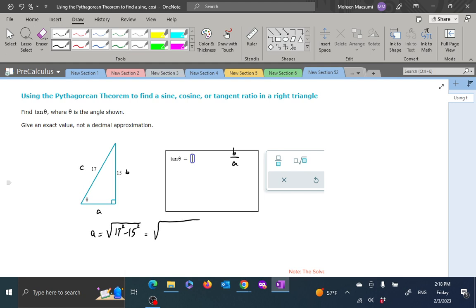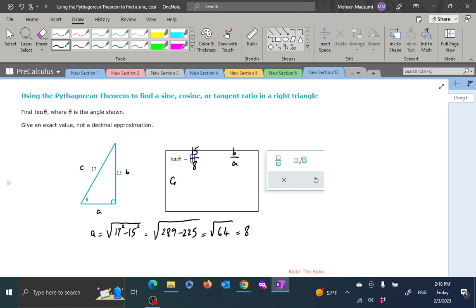I have 289, which is 17 squared, and then minus 15 squared, which is 225, and then again we get lucky and here is a 64. Square root of that is an 8, so B over A is 15 over 8.